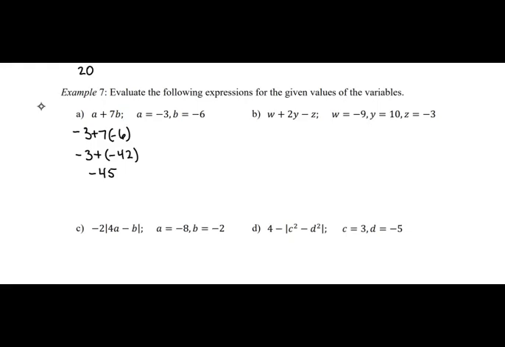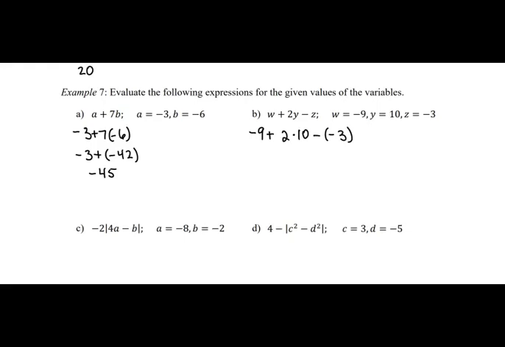Okay. In part B, I have w plus 2y minus z. W is -9, y is 10, z is -3. All right, so let's go ahead and drop them in. I have -9 plus 2 times 10, sorry, just looking at z, and minus -3.